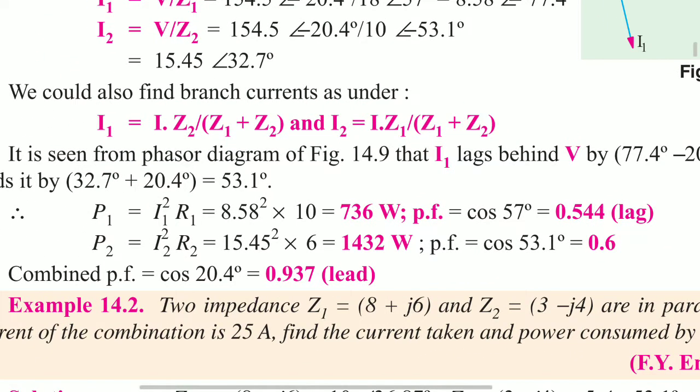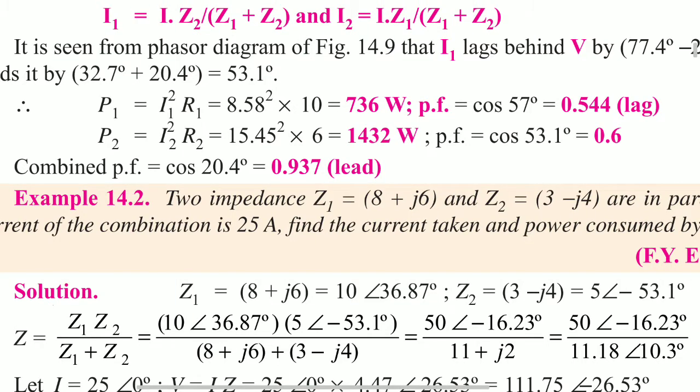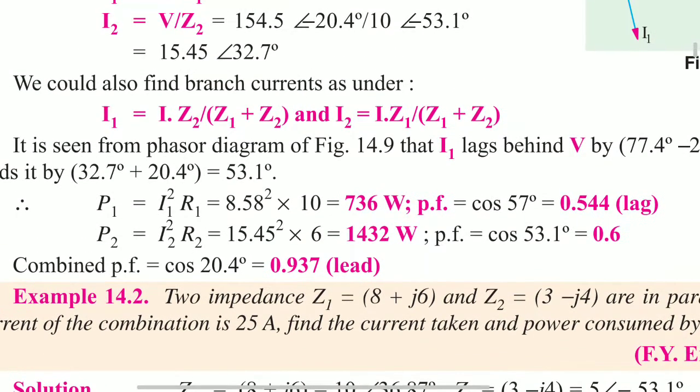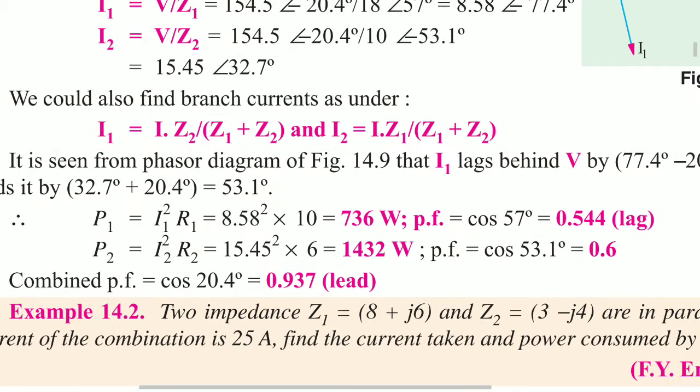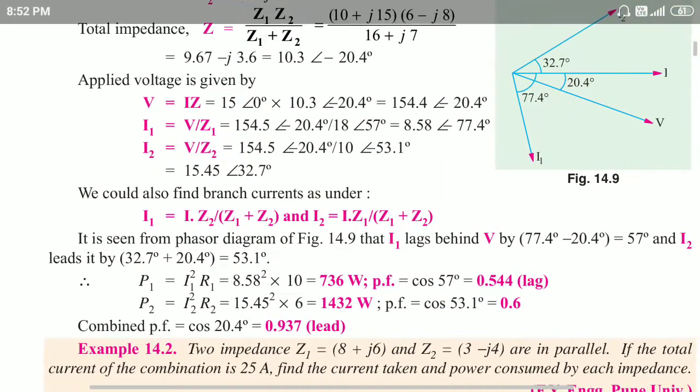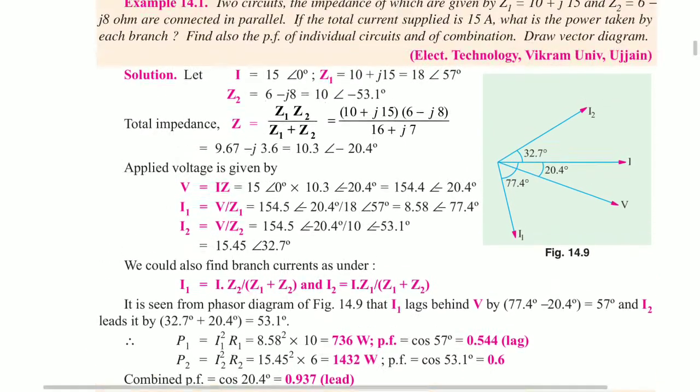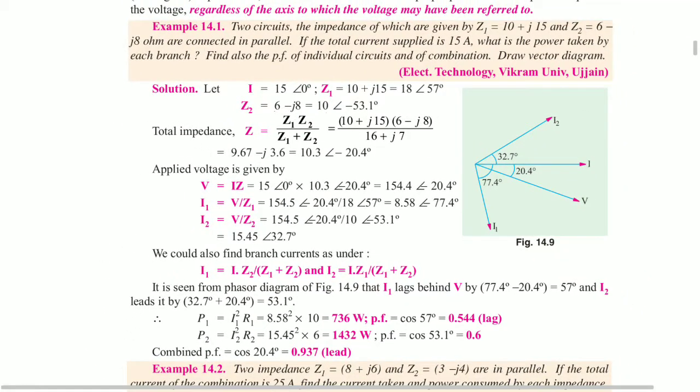So the combined power factor is cos 20.4 degrees, that is 0.937 lagging. So this is what we have calculated or determined from this problem.